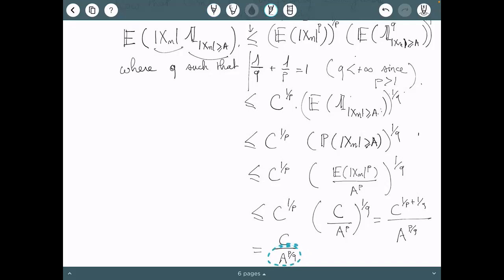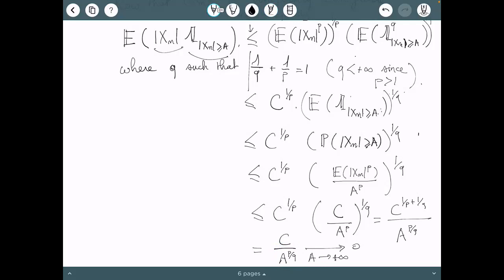So C divided by a power p over q is going to 0 as a goes to infinity. So in this way, I obtain some control, which is uniform and which goes to 0.